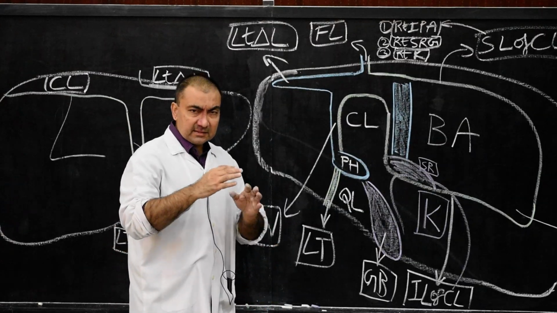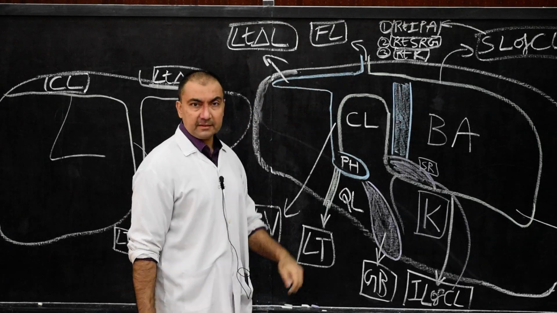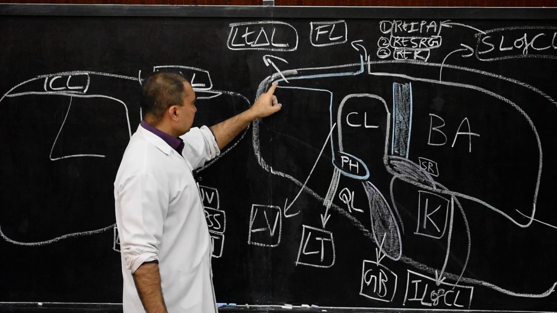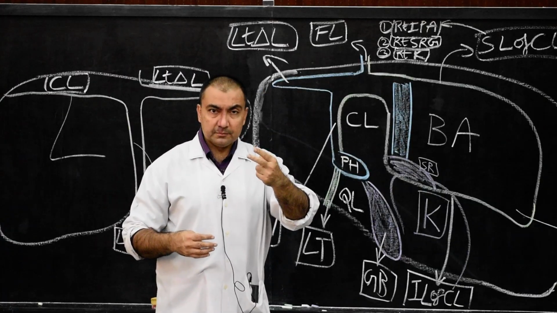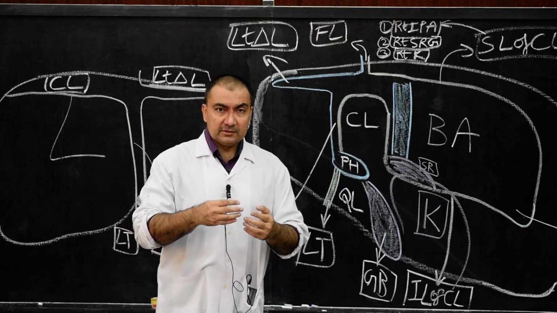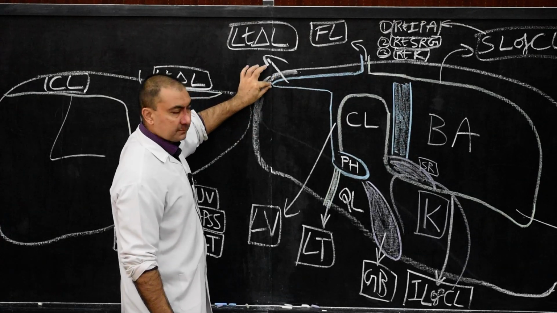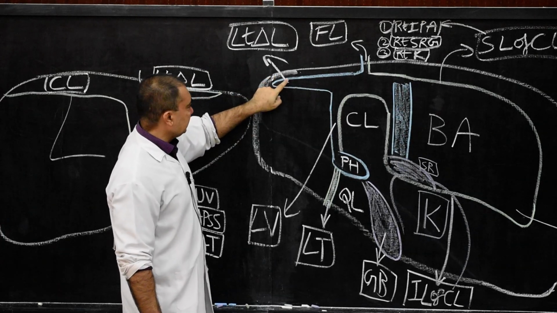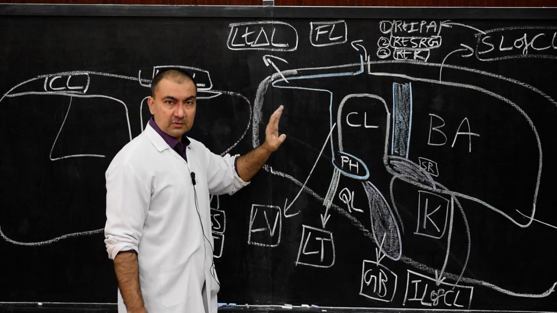And this left triangular ligament will have a left end and a right end. First, the left triangular ligament will consist of 2 layers. Please note down, the left triangular ligament consists of 2 layers. So on the left side, the 2 layers will join with each other. You can see the 2 layers of left triangular ligament have joined with each other on the left side.